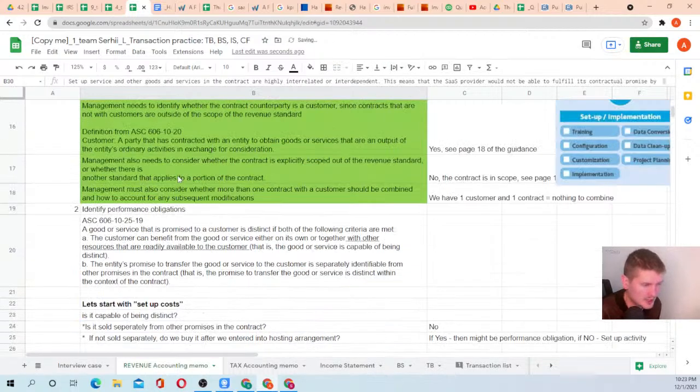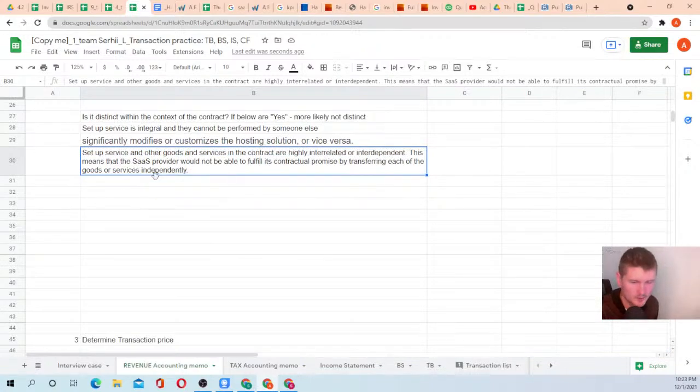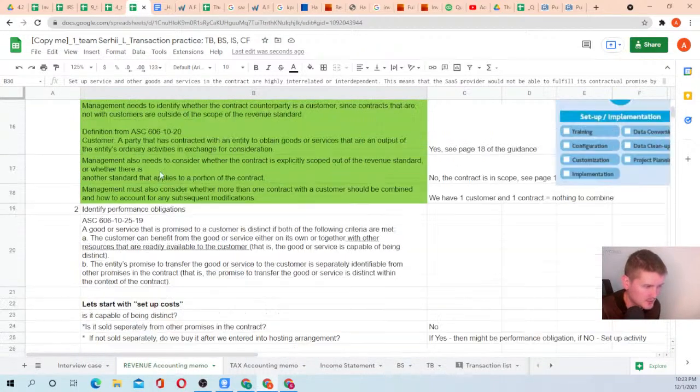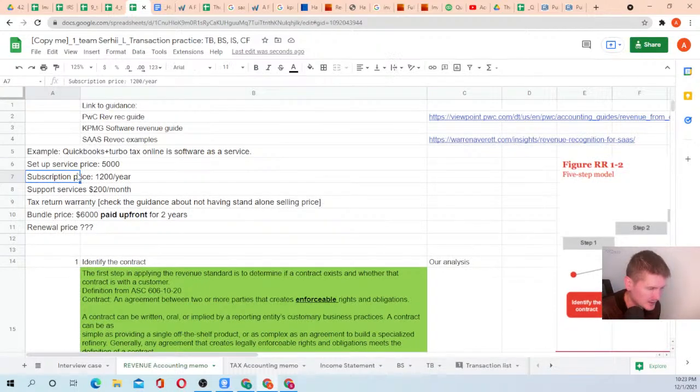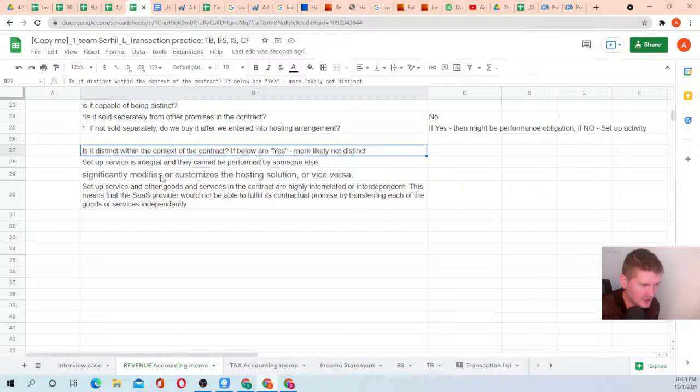So if, for example, we sell QuickBooks, and part of that QuickBooks is a setup service, and if, for example, there is no way to avoid that setup service, so it's unavoidable.